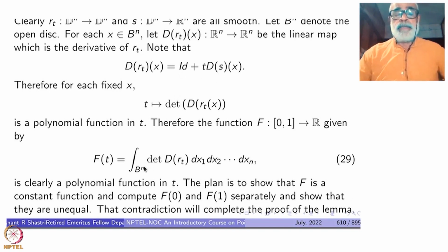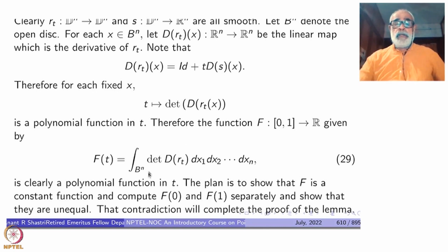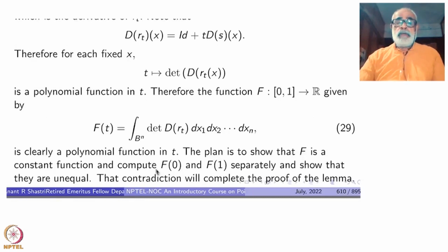So this is just an ordinary Riemann integration, an n-fold iterated integral, you may say. There is a variable t involved here. Therefore, this will become a polynomial function in t, because the integrand is a polynomial. This polynomial we are going to show is a constant function.